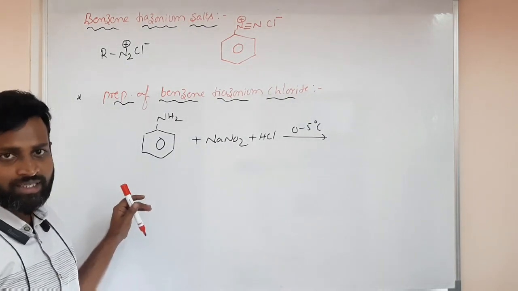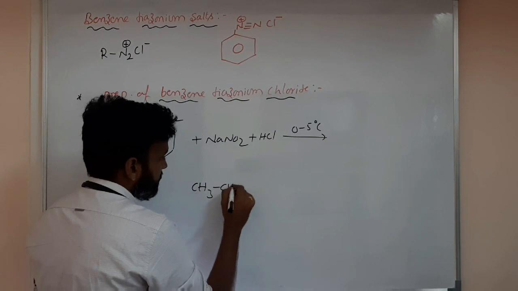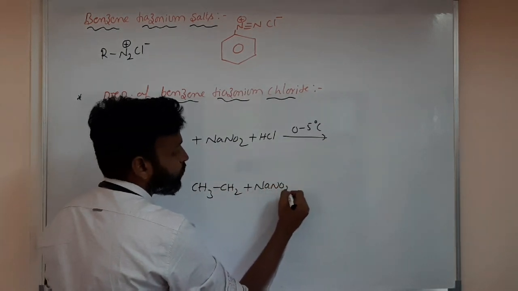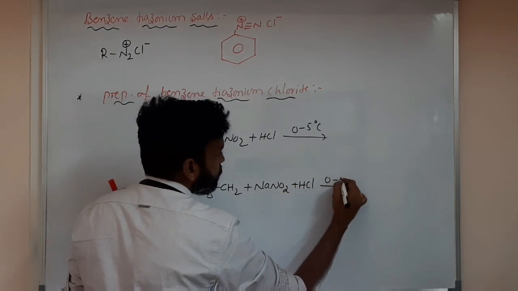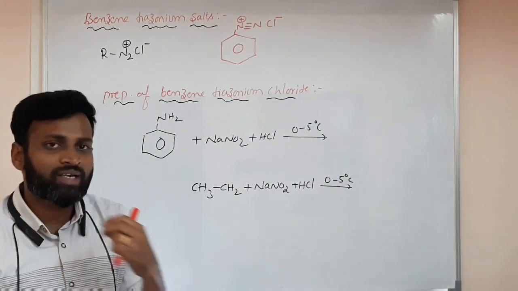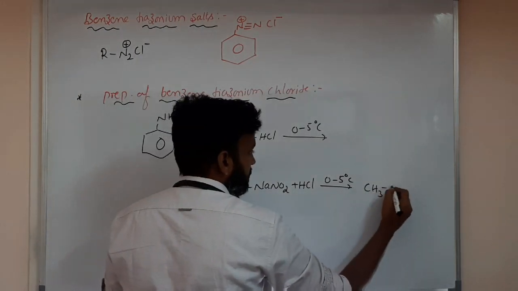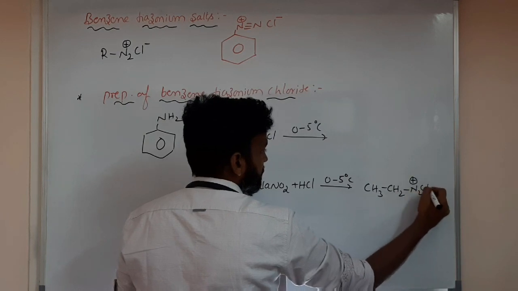If it is aliphatic, like CH3 CH2 NH2, when reacted with NaNO2 plus HCl at 0 to 5 degrees Celsius, or 273 to 278 Kelvin if given, you are getting CH3 CH2 N2 plus and Cl minus.